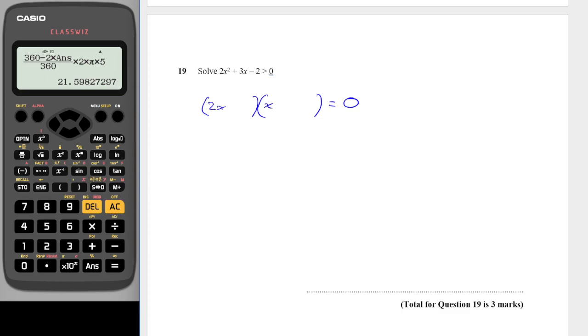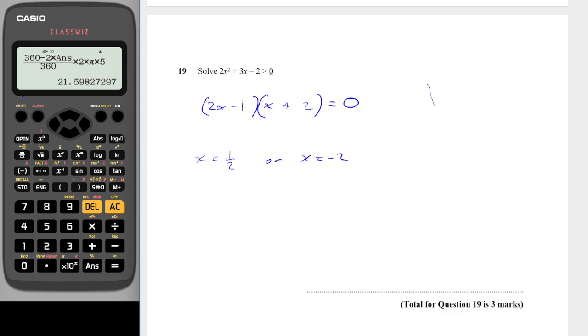So two numbers that multiply together to make minus 2, and 2 lots of one number plus the other number make 3x. So it's going to be a 2 and a 1 with the negative there, because that will give me 4 minus 1. Right, so that means that x is going to either be equal to a half, or x is going to be equal to minus 2.